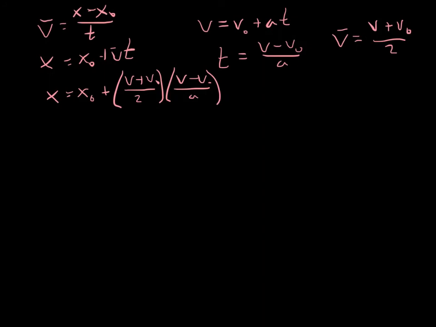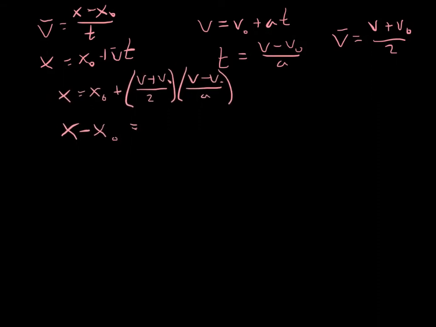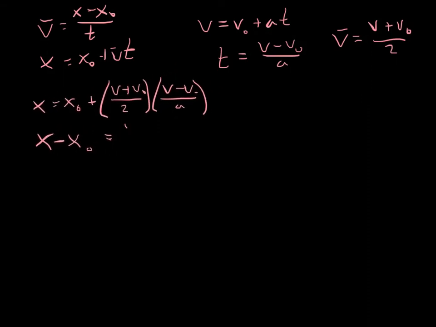So we can say x minus x naught, so move that over there, equals v plus v naught times v minus v naught, which would give me v squared minus v naught squared over 2a.